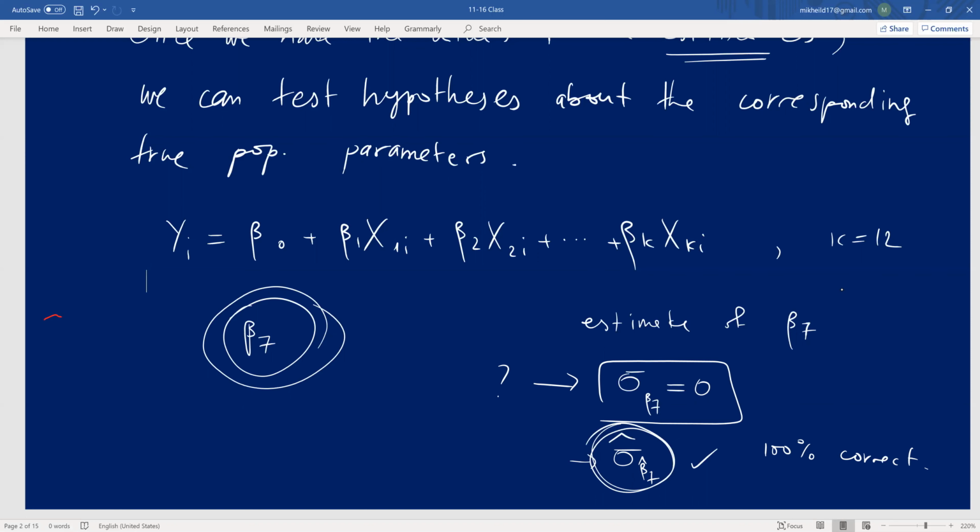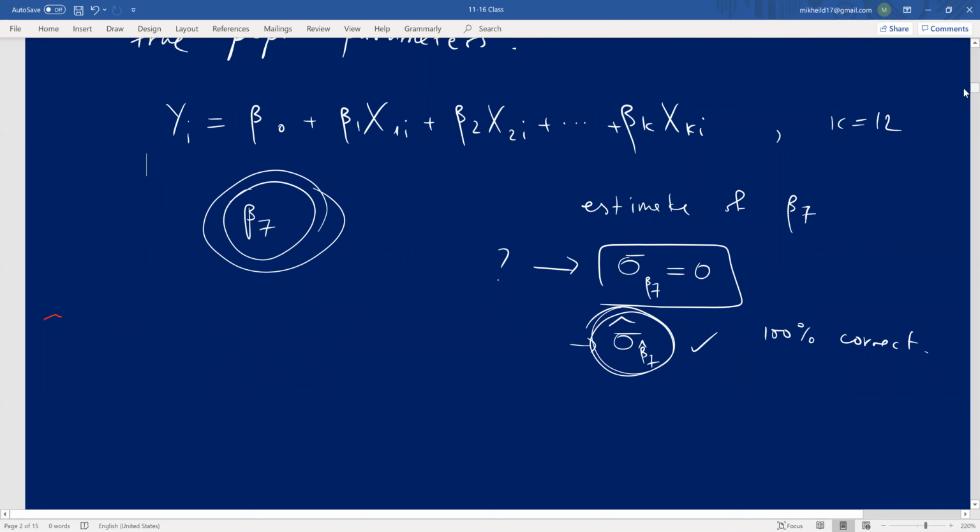In the true population, it's not going to vary at all. Correct. So we know that even though we don't know the values of the true betas, it does not mean that they vary. They don't have any variation. Do you see what I mean?